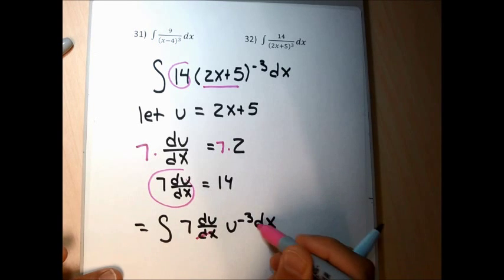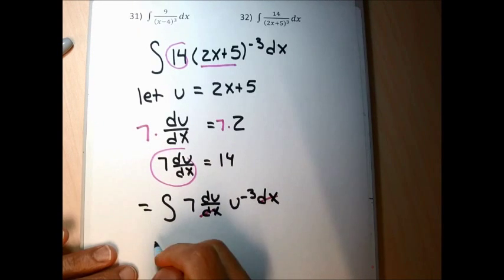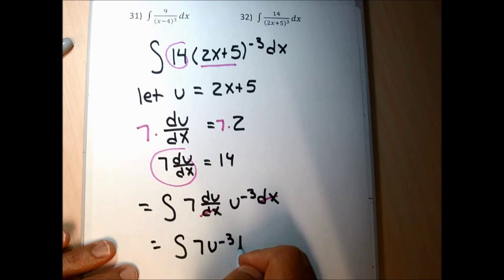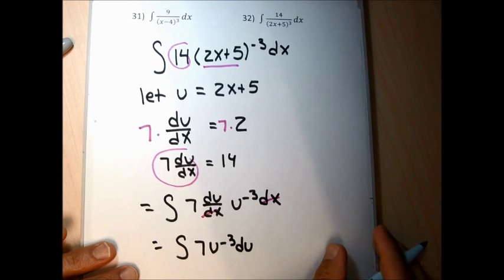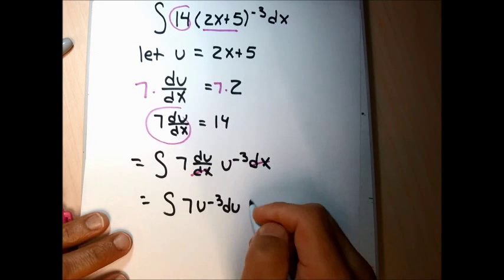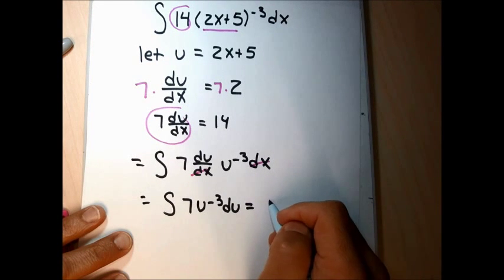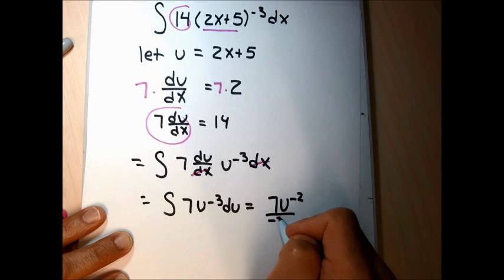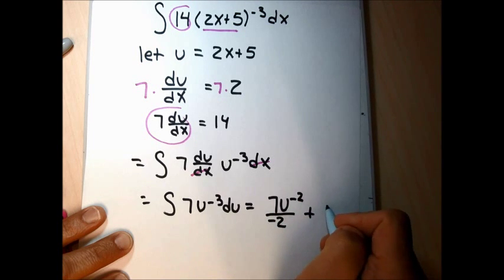Cancel my dx's, and I get the integral of 7 u to the negative 3 du. Add 1 to the exponent. Negative 3 plus 1 is negative 2. Divide by the new exponent. Tack on my plus c.